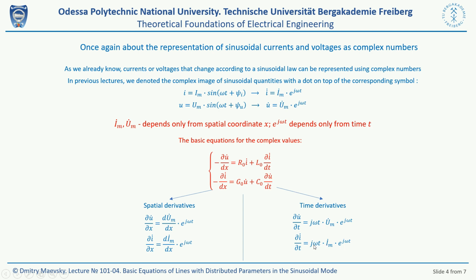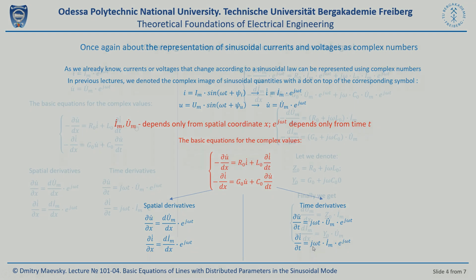As we know from mathematics, this is the product of the same exponent and the second multiplier, j omega. The derivatives are found and we can substitute them into the telegraph equations.